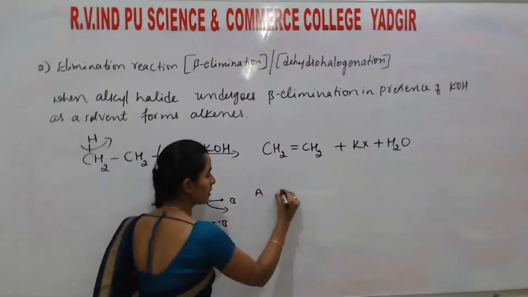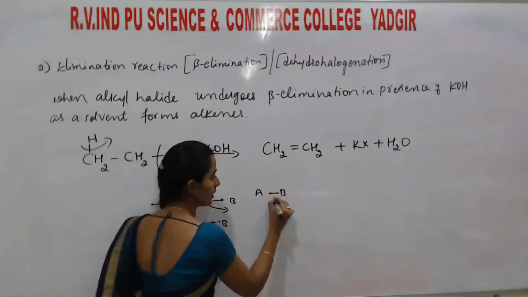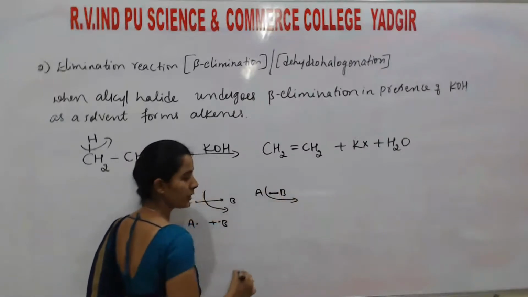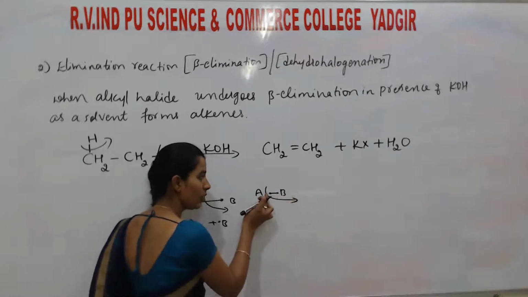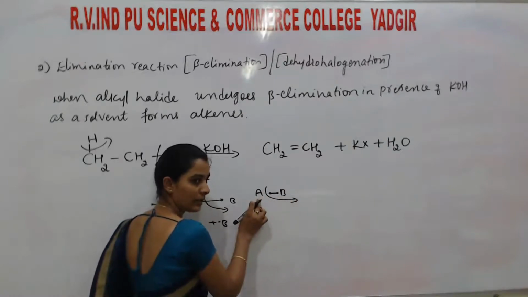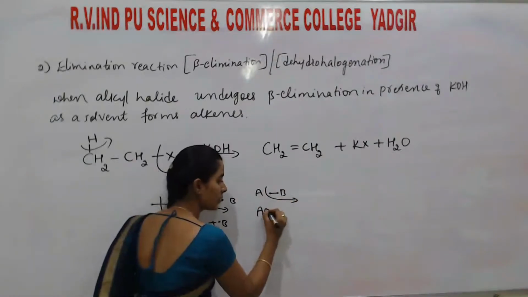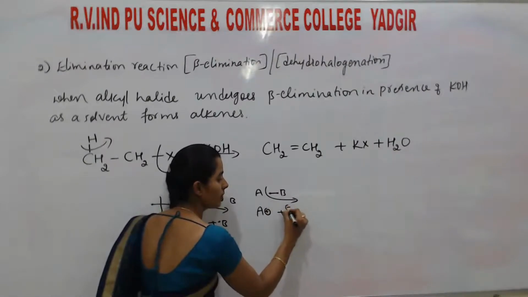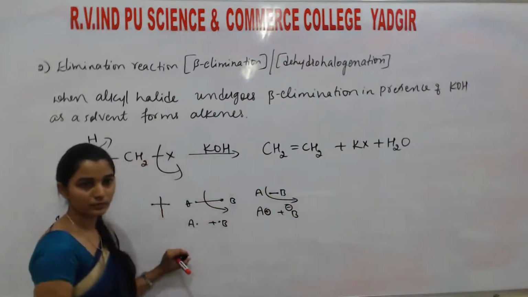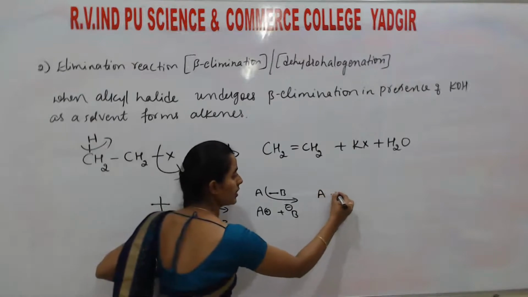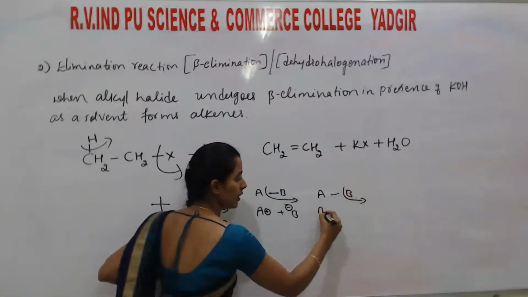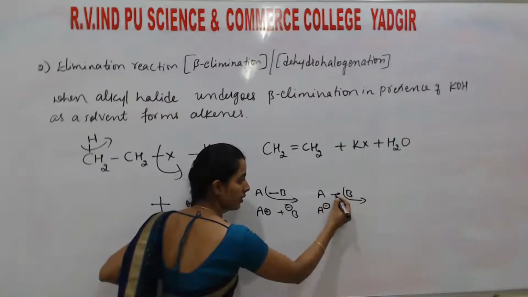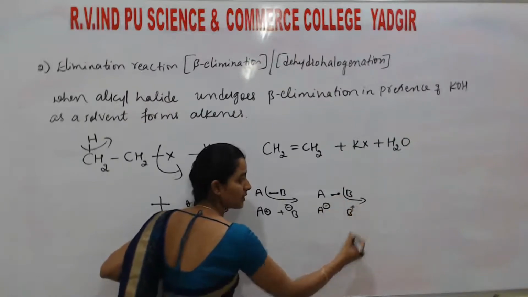Correct? If A is there, B is there, and you mention the arrow like this, then B is removed along with the electron of A. That means here there is no electron, so it is plus charge, and here there is an extra electron, so that is minus charge. So A is with the extra electron of B, that is minus charge, and B is plus charge.